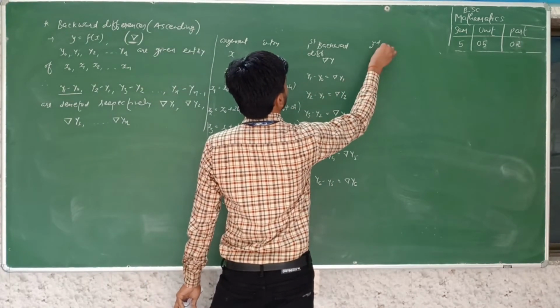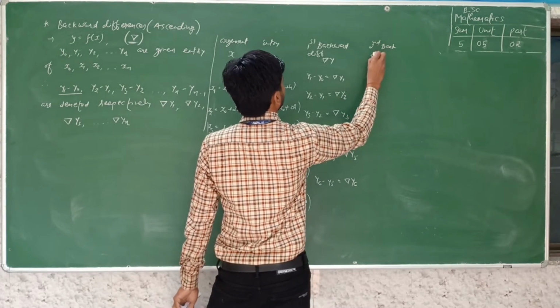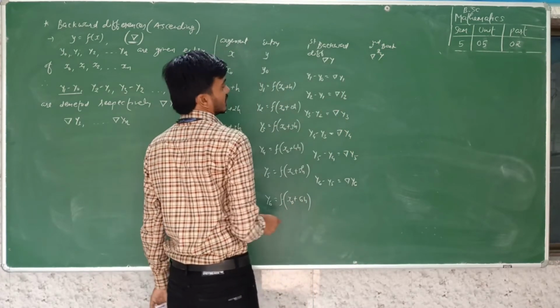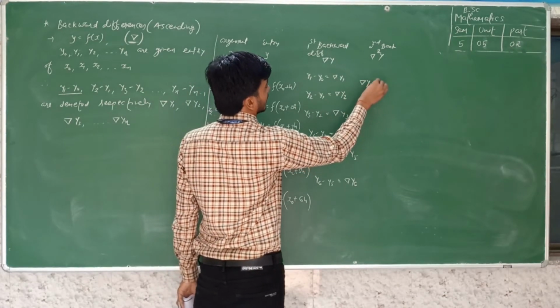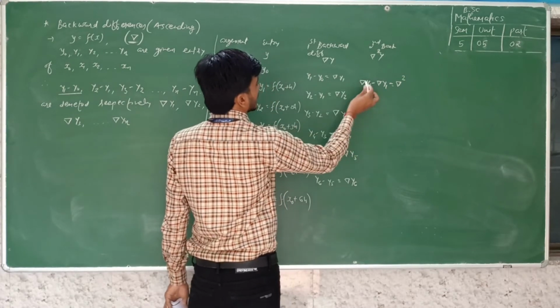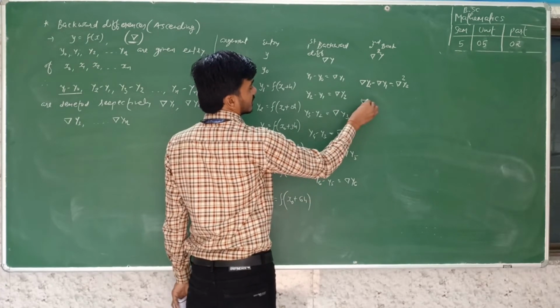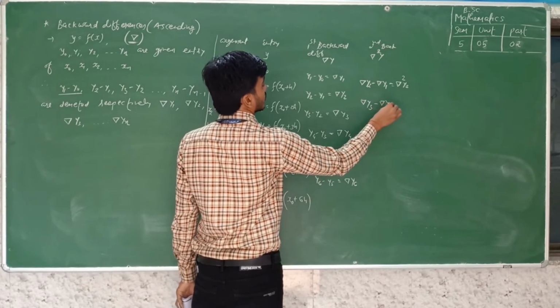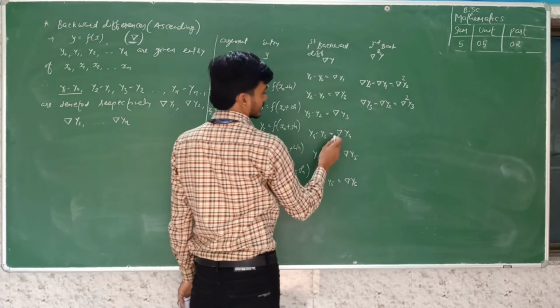Now, the second backward differences are nabla square y. So nabla y2 minus nabla y1 gives nabla square y2. Nabla y3 minus nabla y2 is the second backward difference of y3.